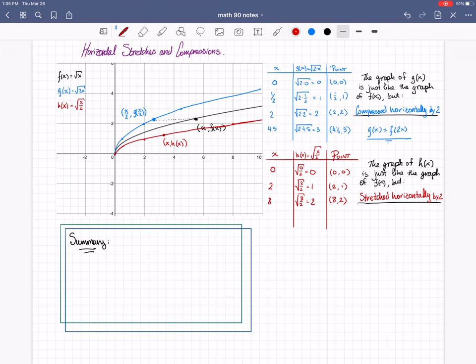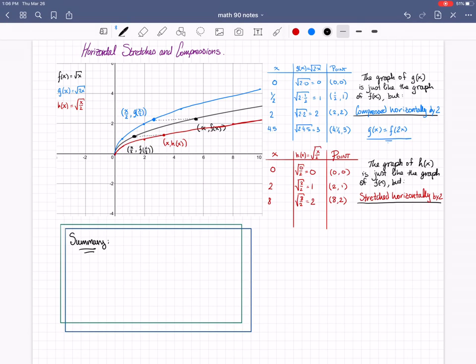And then let's dot over to the point that this point came from. Right? So the black point and the red point have the same y-coordinate, but I want you to notice that the x-coordinate of the black point is half of the x-coordinate of the red point. So the x-coordinate is x over 2. The y-coordinate is f of x over 2 because it's a function.